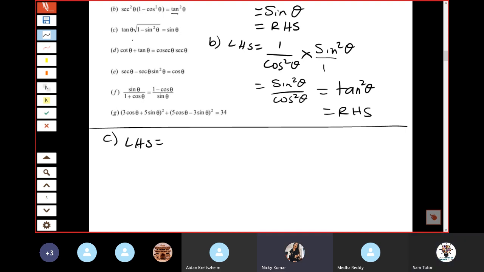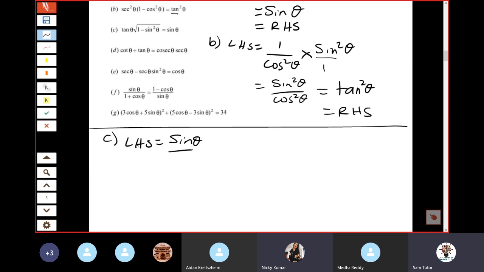It would be sine theta over cos theta. Tan theta is, no, not squared. There's no squared there. Look, Nikki, there was a squared here, there was a squared here, right? So that's why I was able to write tan squared. If it's just tan theta, what would you write?